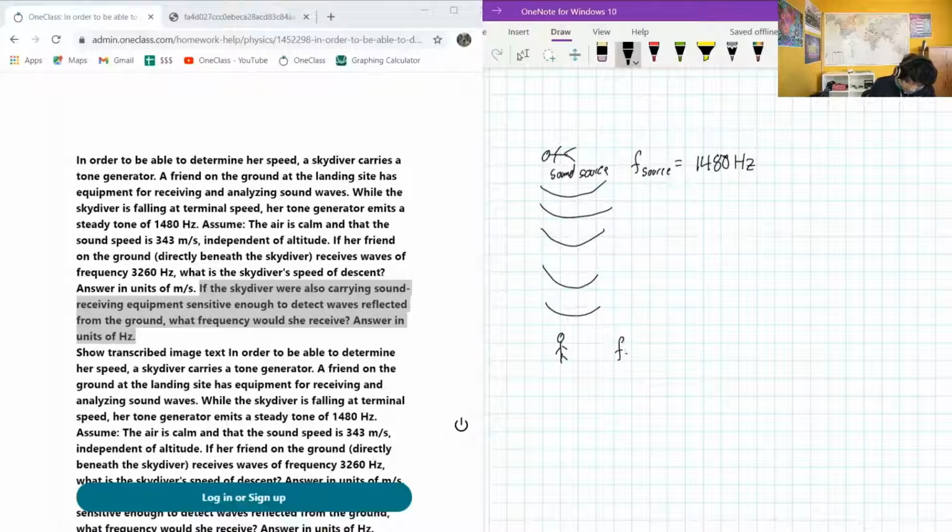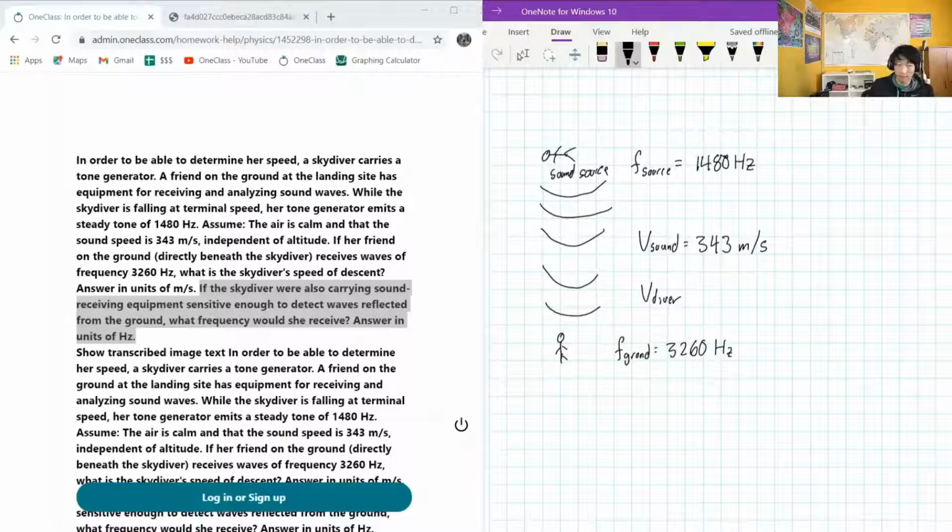The F ground is measured at 3260 hertz. The velocity of sound is going to be equal to 343 meters per second. And we are looking for the velocity of the diver, because these are the only things that we really need for this situation.